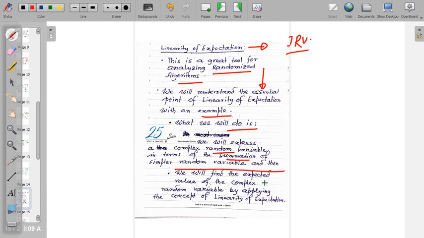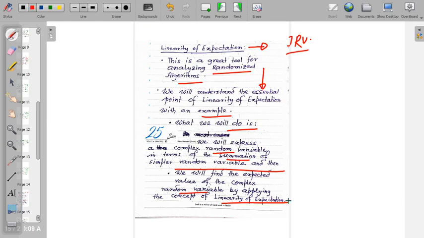Then we find the expected value of that complex random variable by applying linearity of expectation. So the main idea is that a big complex random variable is decomposed into simpler random variables, each of which we analyze in isolation, which is easy, and then we sum them up.